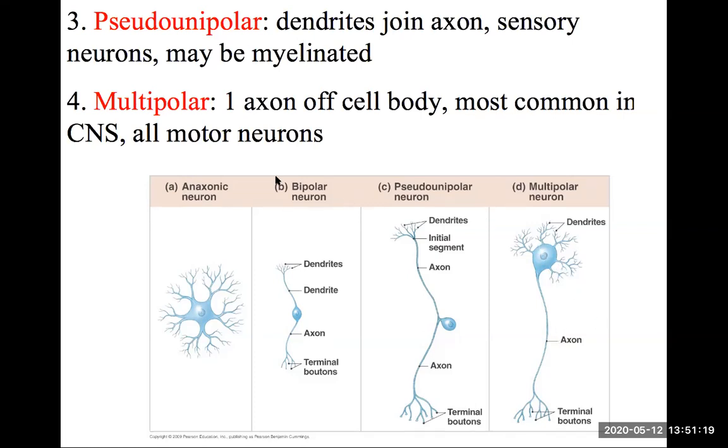The other thing to notice is that all the motor neurons, so remember, motor neurons are part of the peripheral nervous system, all the motor neurons are multipolar. So bipolar and pseudo-unipolar are found in the sensory division of the peripheral nervous system. The anaxonic neuron is found in the central nervous system. Multipolar neurons are found in all of the motor neurons, and are by far the most common of the central nervous system.